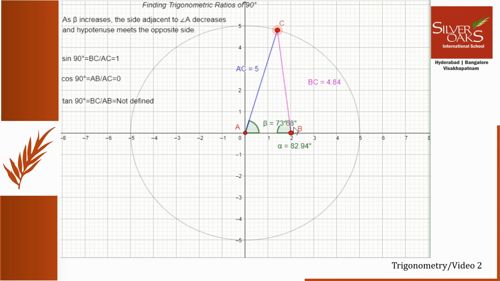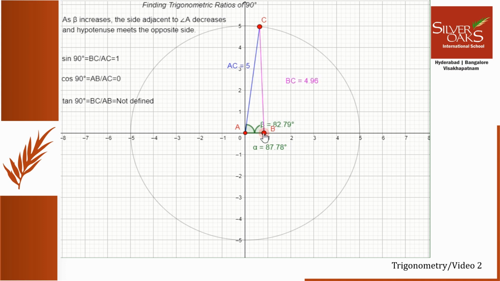So the angle A is 73.68 now. The angle A became 78.74. Slowly the angle A is increasing. The length of the side AB goes on decreasing.